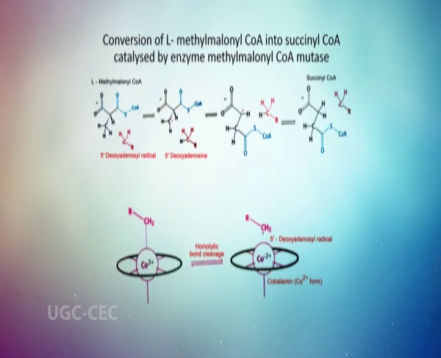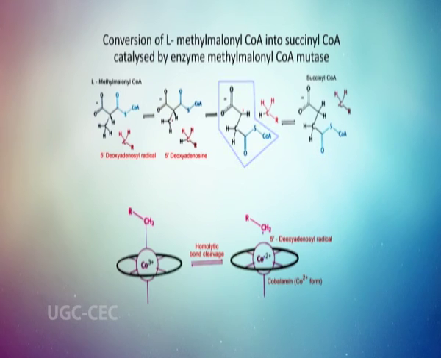In this homolytic cleavage reaction, one electron of the cobalt-carbon bond stays with cobalt, while the other stays with the carbon atom, generating a free radical. Then, the highly reactive 5'-deoxyadenosyl radical abstracts a hydrogen atom from the substrate to form 5'-deoxyadenosine and a substrate radical. This substrate radical spontaneously rearranges. The carbonyl-CoA group migrates to the position formerly occupied by hydrogen on the neighboring carbon atom to produce a different radical.